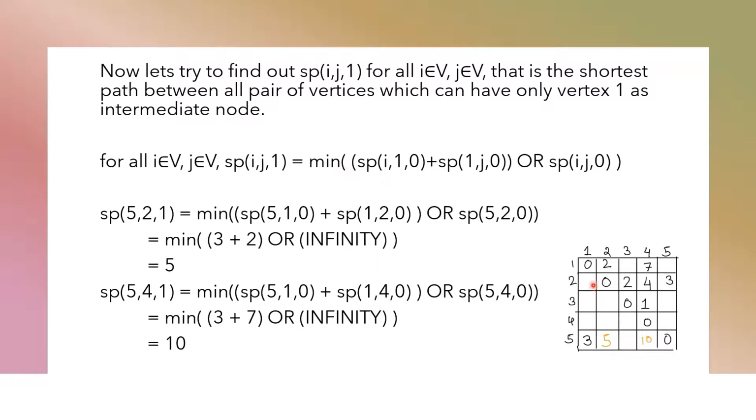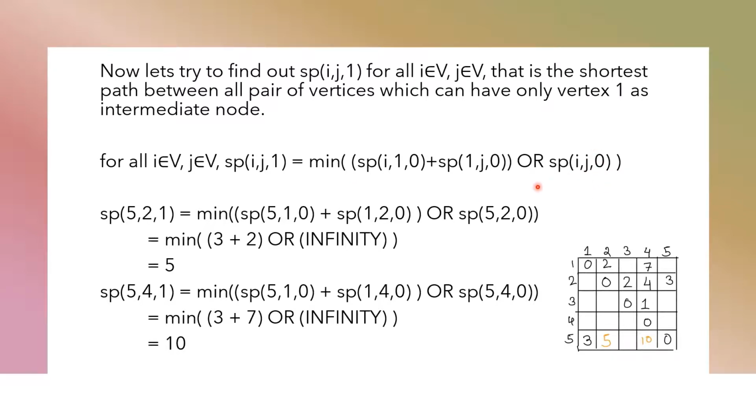Now, for sp ij of 1, we are finding the shortest path between all pairs of vertices which can have only vertex 1 as the intermediate node. Here we are using sp ij of 0.